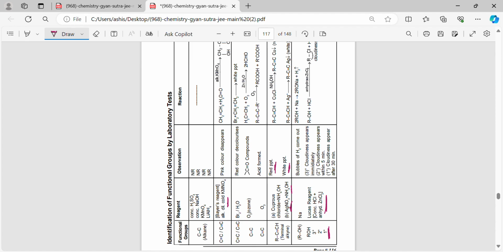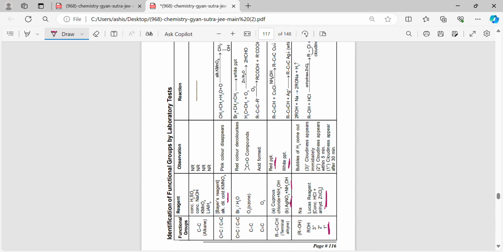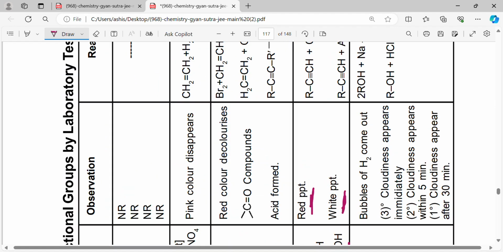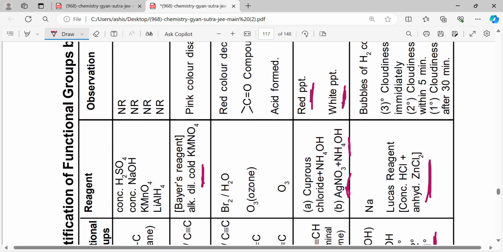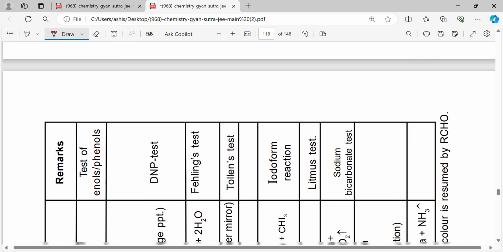But when 1-degree alcohol reacts with Lucas reagent, there is no turbidity at room temperature. Turbidity will appear after heating, or after 30 minutes. So it means it is 1-degree alcohol. So in this way we can identify different types of functional groups.